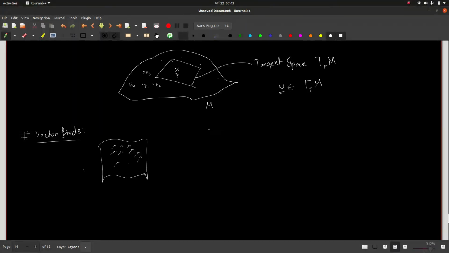So let me just write in short, what is a tangent bundle? Tangent bundle just means the manifold itself plus, by plus I mean you are considering them together, so don't mistake it for the ordinary arithmetic operation, and tangent spaces of all the points, let's say P_i. This is a tangent bundle.